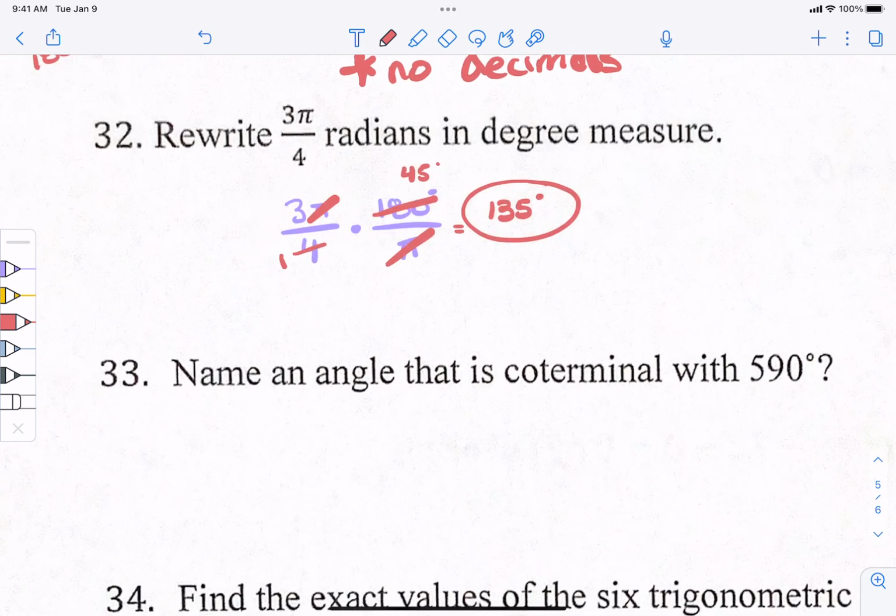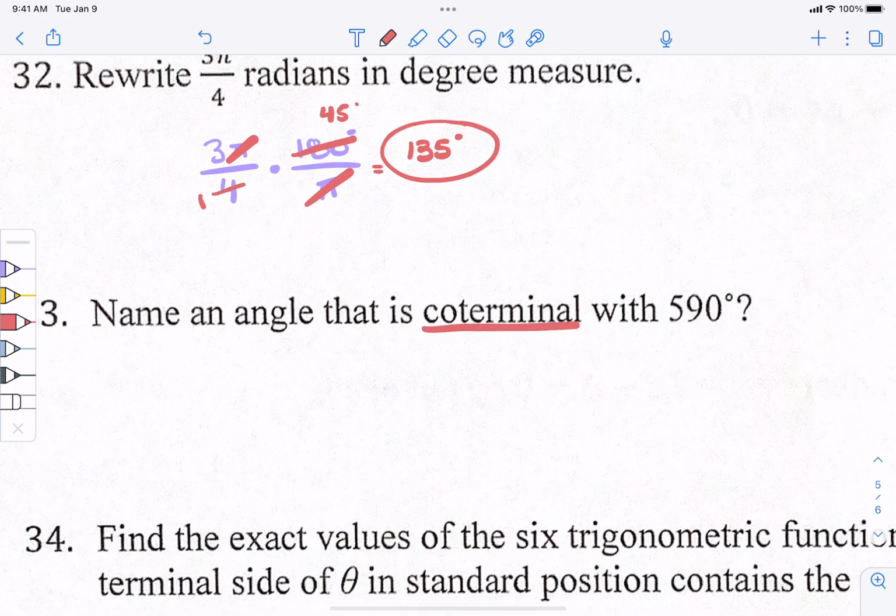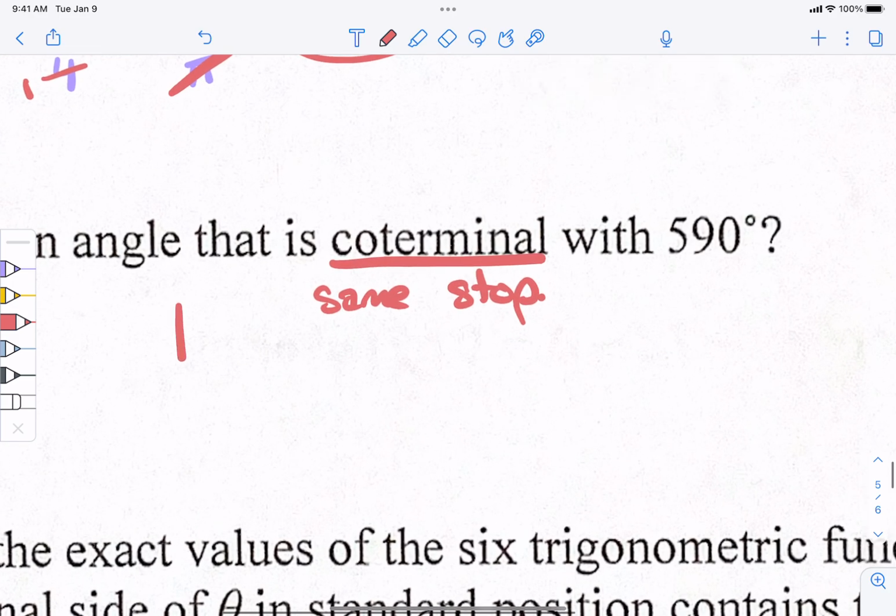33. When we're talking about coterminal angles, coterminal means same stopping place or same ending spot, okay? So 590 degrees is more than one full circle around. Like 360 would be one full circle, and 590 is more than that.